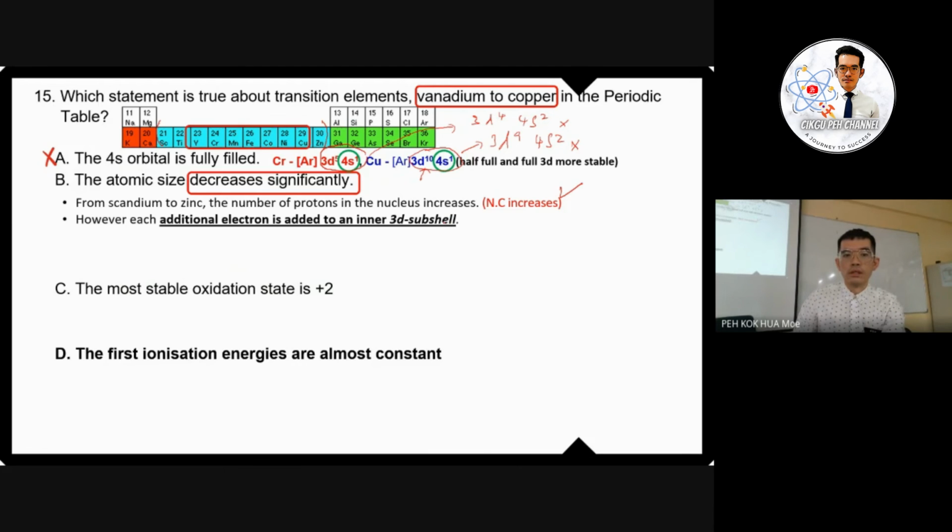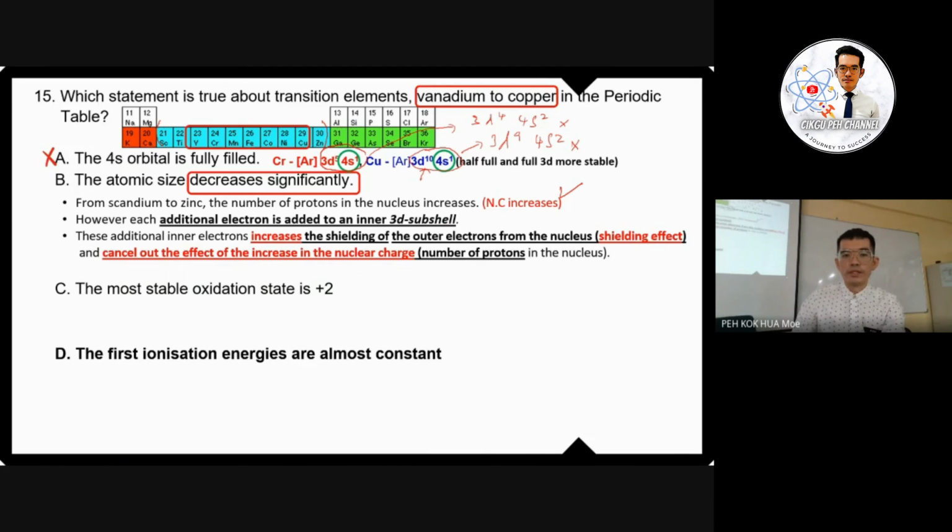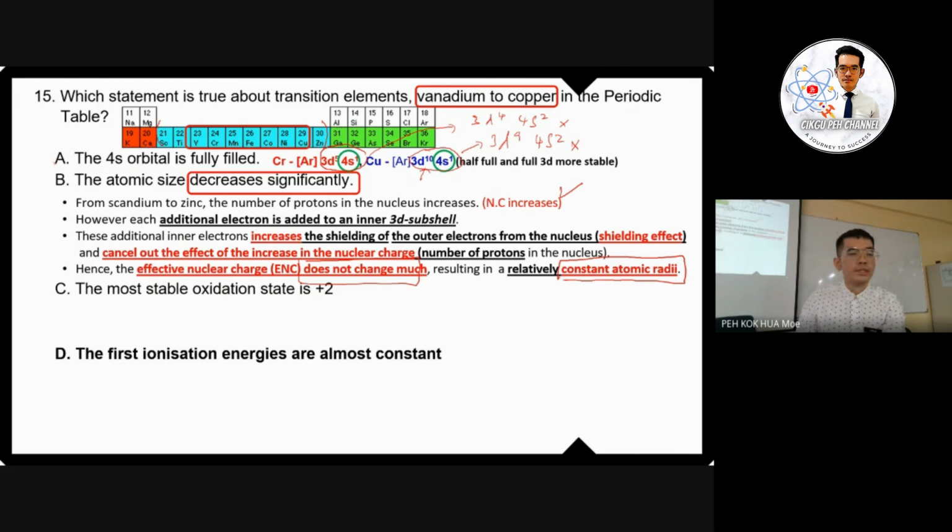So the screening effect is also increasing due to the addition of inner electrons. They cancel out each other. The effective nuclear charge will not change much, so the size will be almost the same. So the decrease is wrong because they will be almost the same.